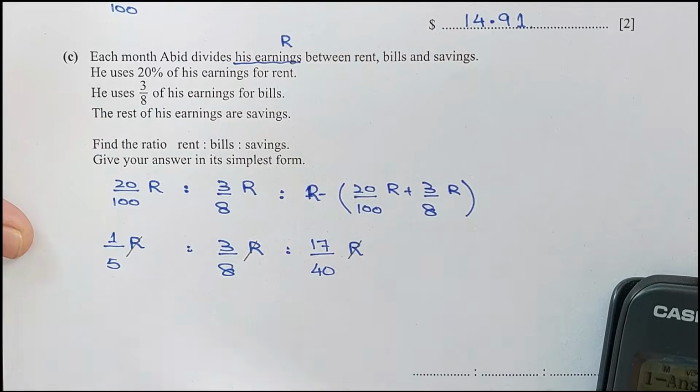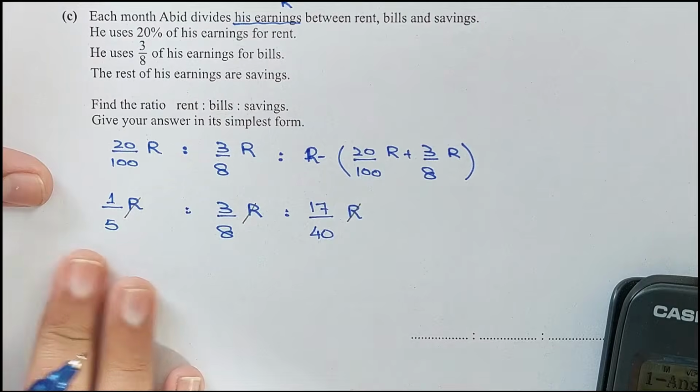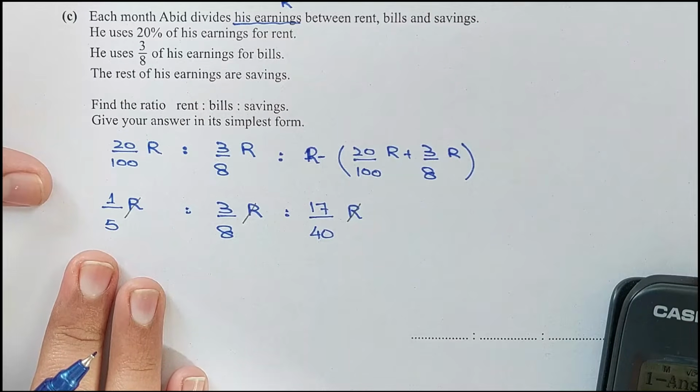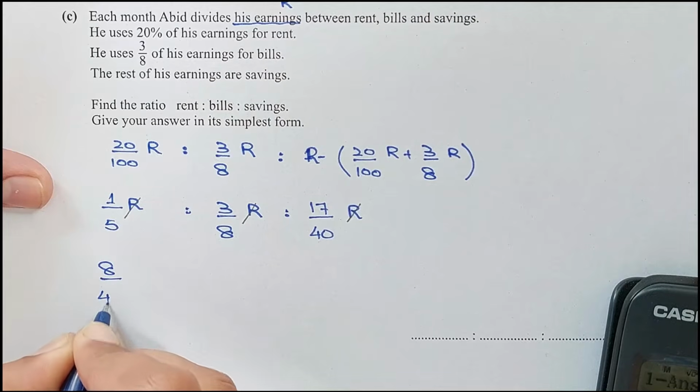For the simplest form, let me make the denominator the same for all the fractions. So we have 5, 8 and 40. 40 is a common denominator. So how can we make 40 a common denominator? 5 times 8 is 40, so we have 8 over 40.